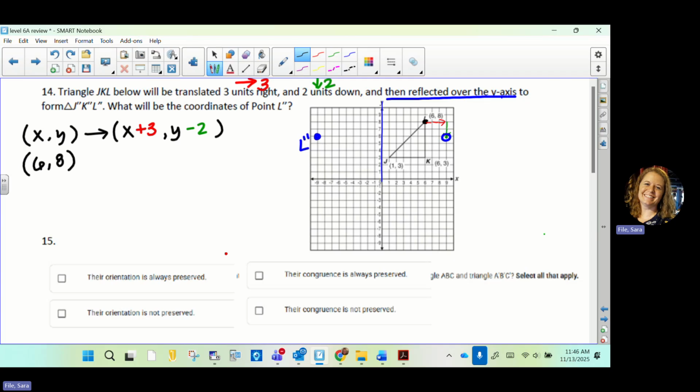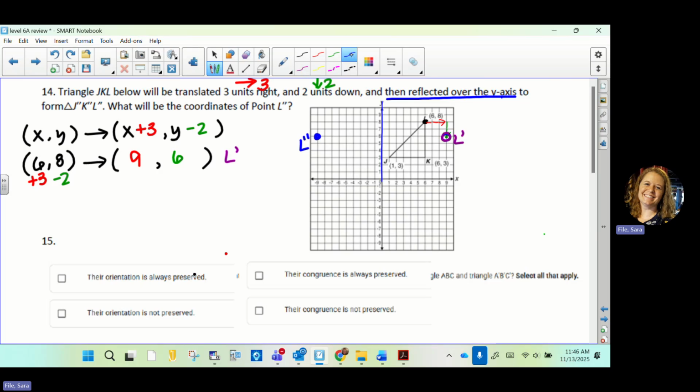So you could take 6, and when you add 3, what's 6 plus 3? 9. Okay, and then for the y, I would need to subtract 2. What's 8 minus 2? 6. So that's where I would end up, L single prime. That's over here. That's where I end up after the translation.